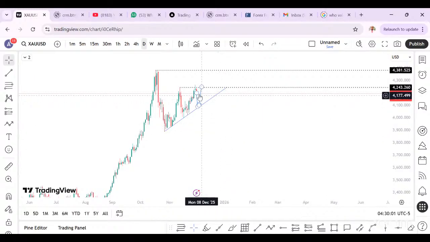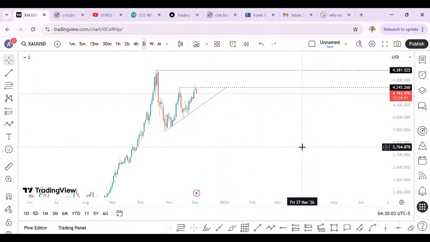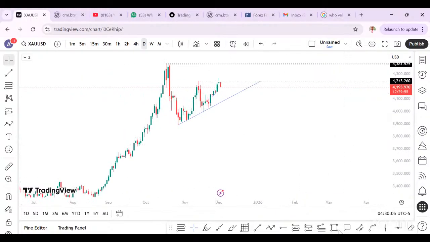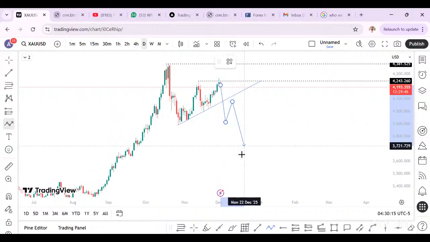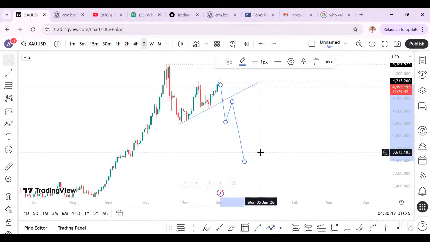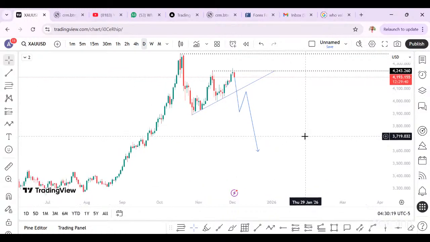The only way we can change our direction from buy to sell is when we have this low violated. So once we have gold traded below it on a daily basis here, then we begin serious selling, right?